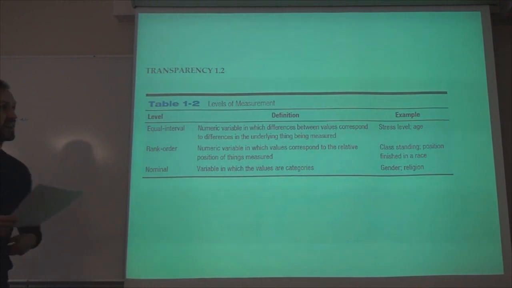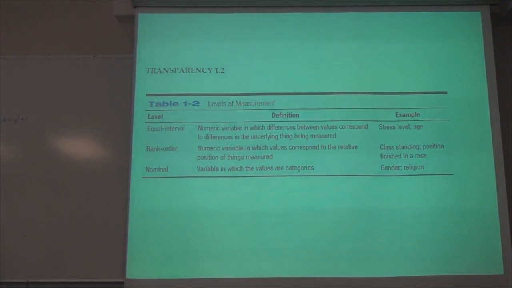The last thing is the difference between a discrete and a continuous variable. For our purposes, it's not going to be too crucial, but it's good to be aware from the start of the difference between discrete and continuous.